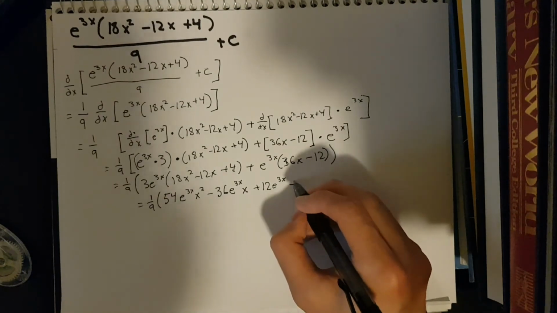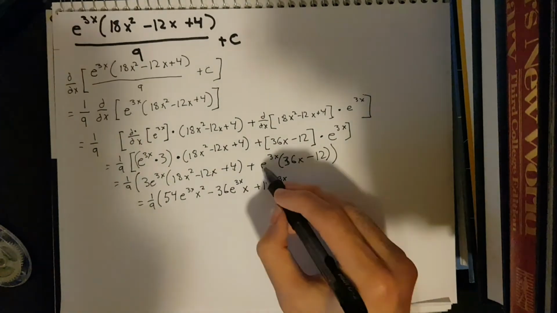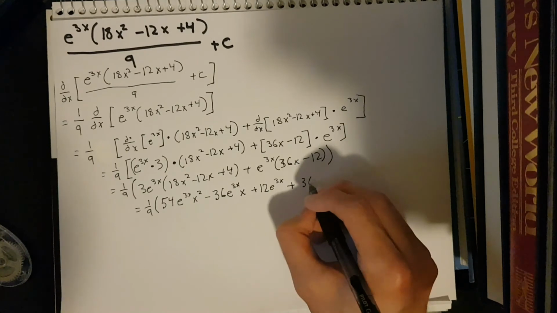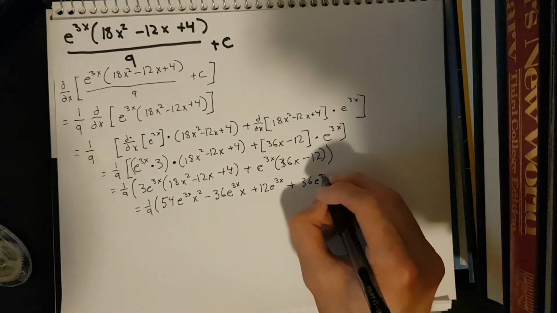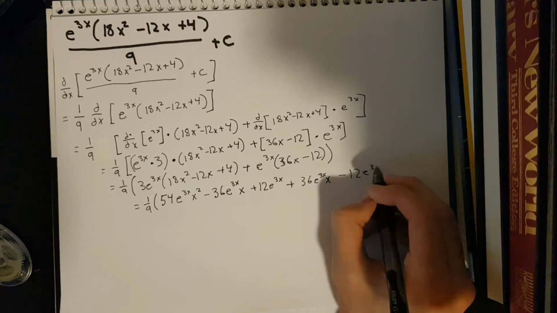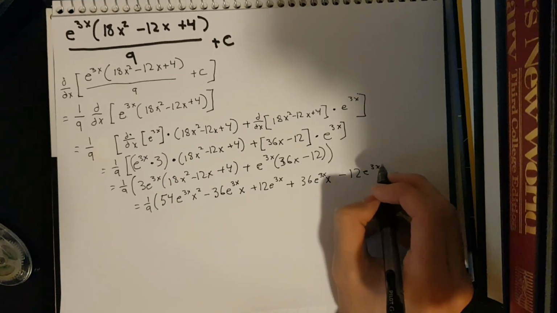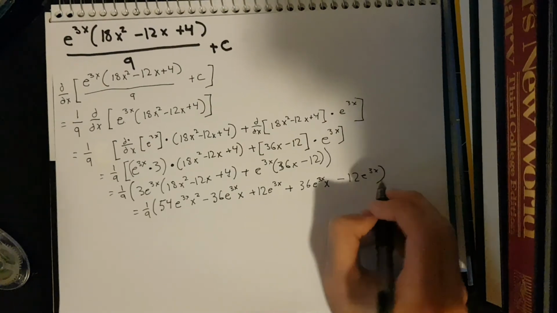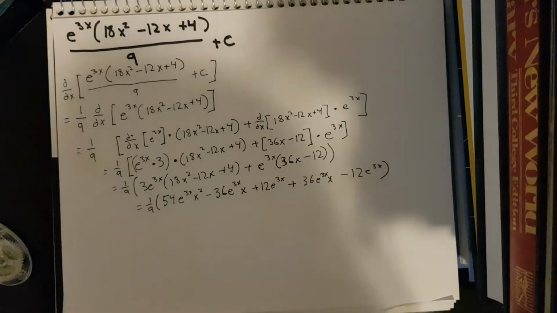And then plus this times that equals 36 e to the 3x x minus 12 e to the 3x. All right, that's a long expression.